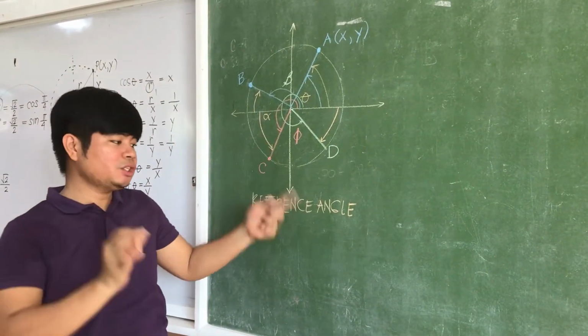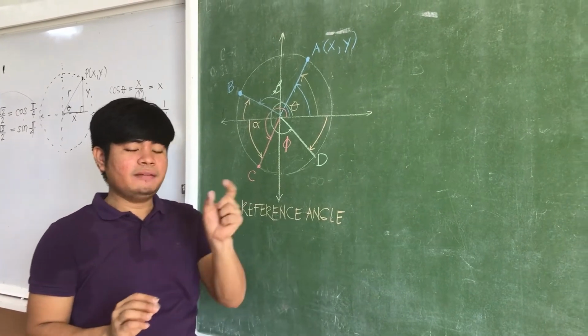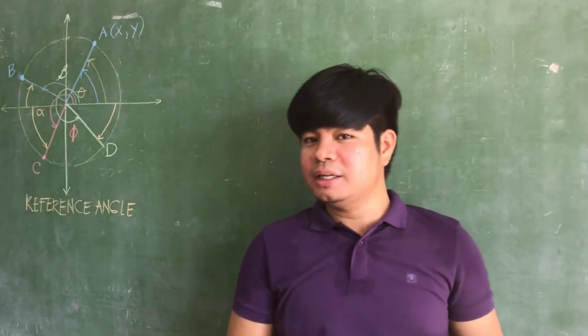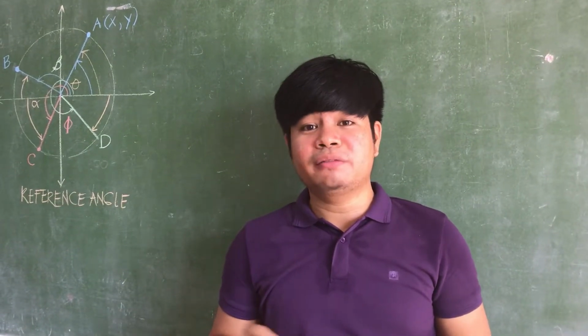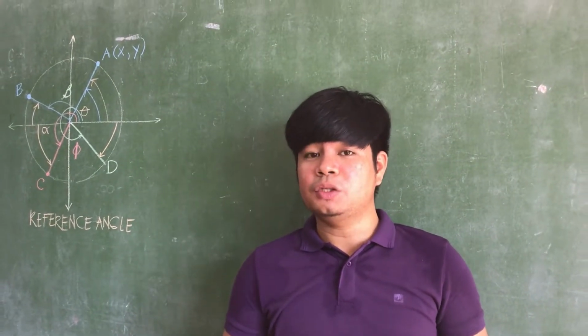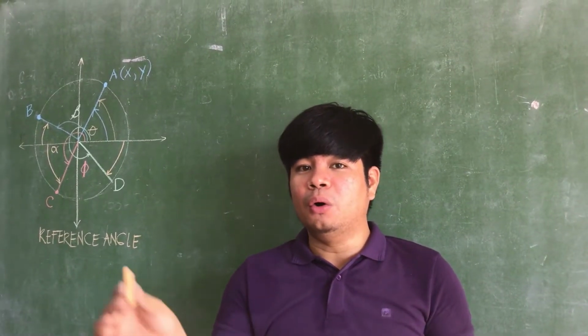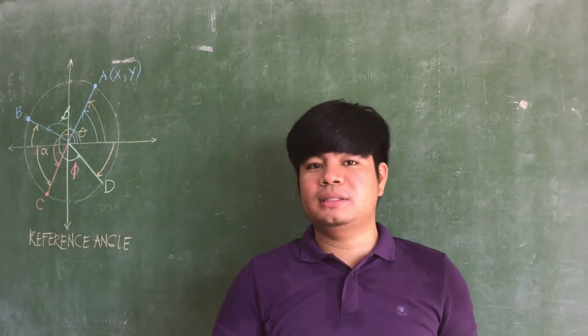And what is the implication of the reference angle? It gives us the idea that using the 30-60-90 degree angles and the 45-45-90 degree angles, we can solve for the coordinates of the points found on any of these quadrants.